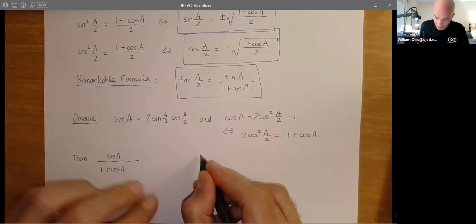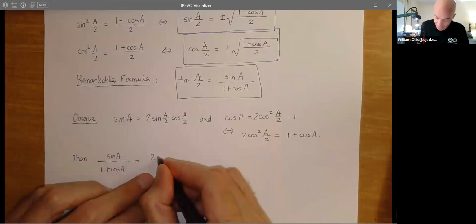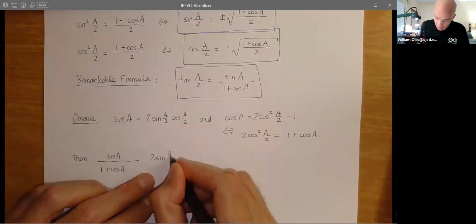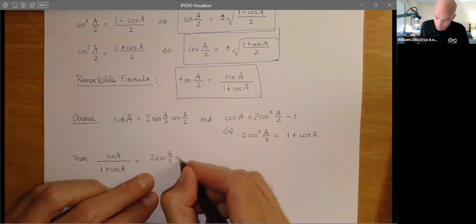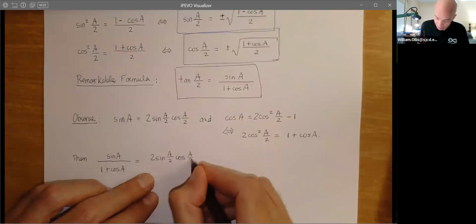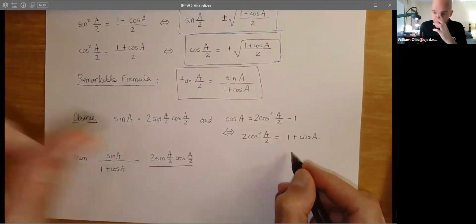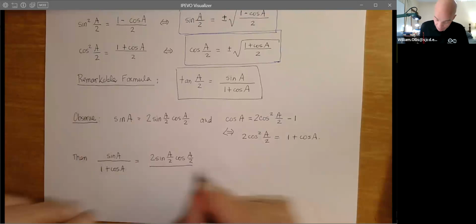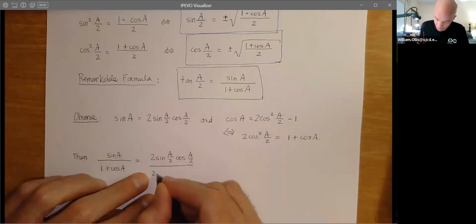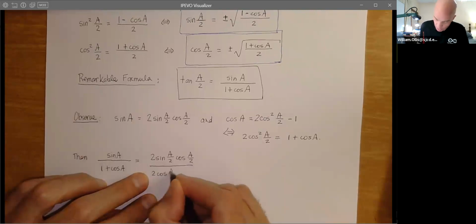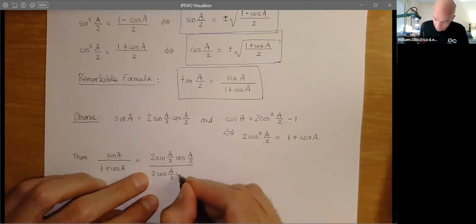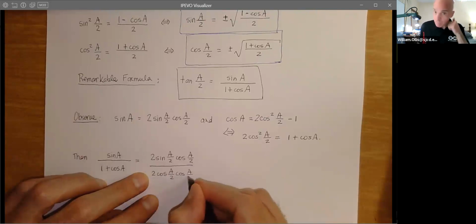That equals 2 sine of the half angle, cosine of the half angle. And now we can write the square as a product of two singletons. So we get 2 cosine A over 2 cosine A over 2.